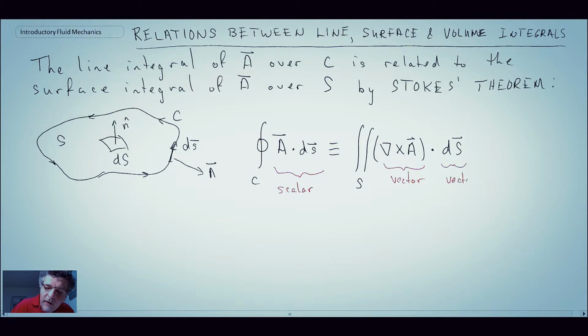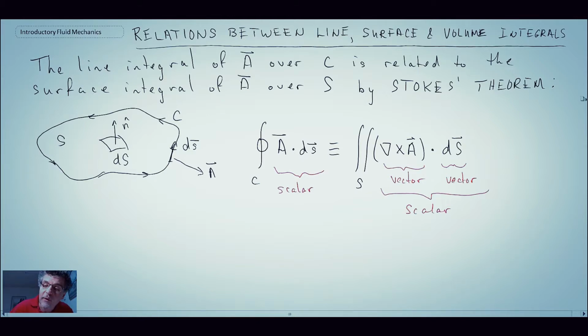And we know that the dot product is going to result in a scalar. So what we get out of this is a scalar on the left and a scalar on the right. And this is sometimes used for evaluating the circulation within a flow field. In that case, you would replace A with the velocity vector V. But that is Stokes' theorem, and sometimes you will see that in analysis.